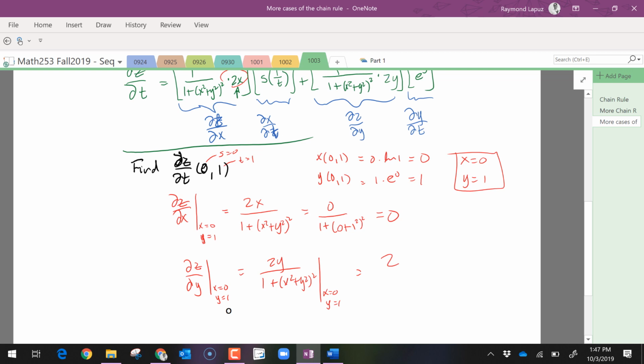So this time I get 2 times 1 in the numerator, and the denominator is just going to be 2. So this whole thing is 2 over 2, which is 1.